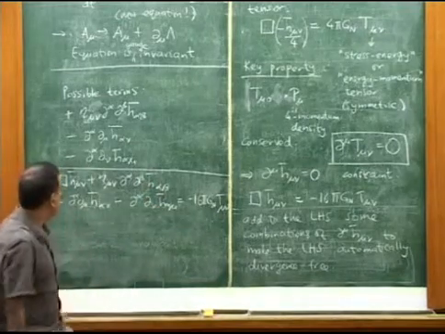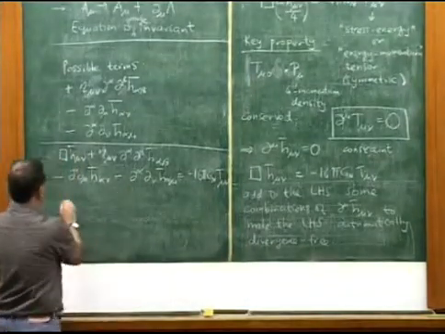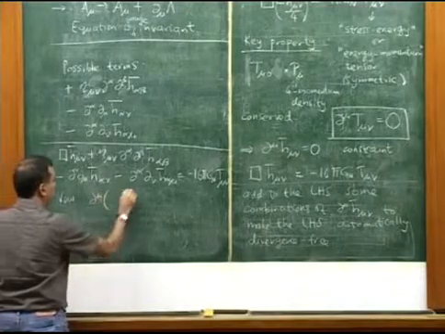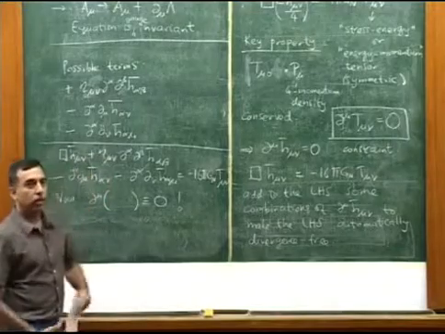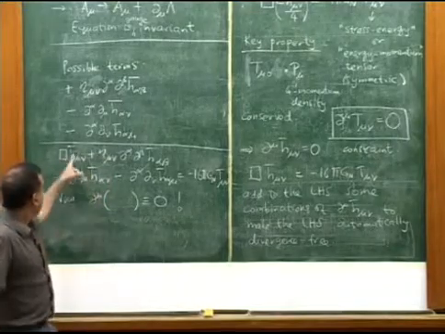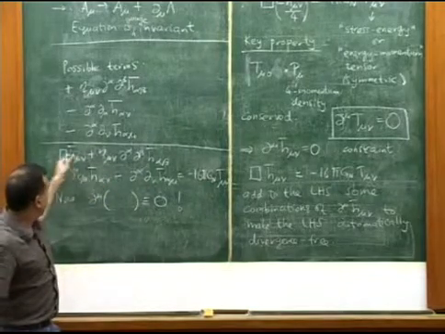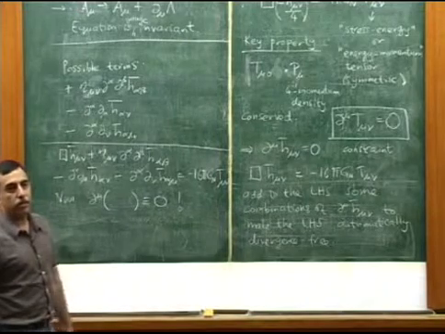But I want you to notice that now the left side has been cleverly put together such that del_mu of the left side is identically 0. You take del_mu on the left side, you'll get lots of terms. Then you have to put them together and you'll find that you get 0.